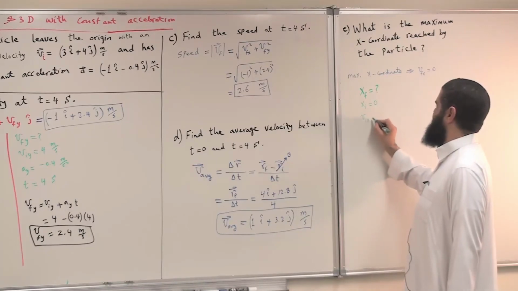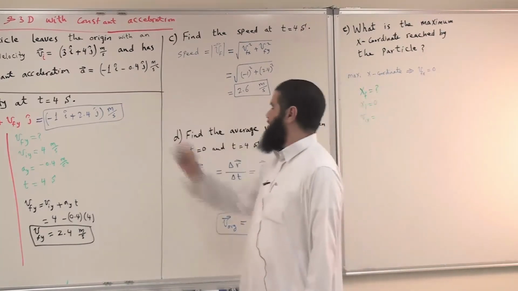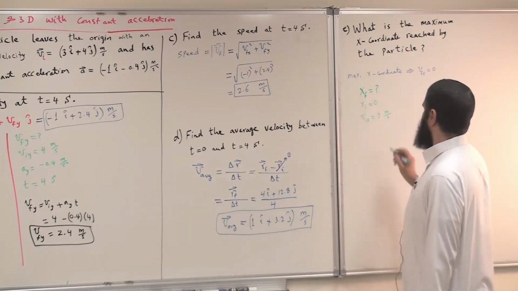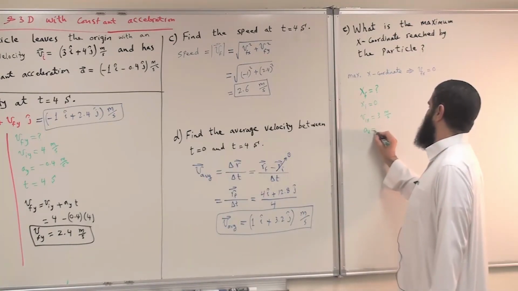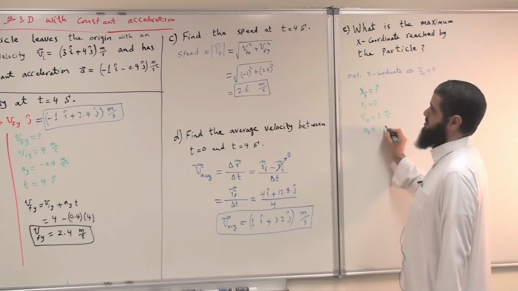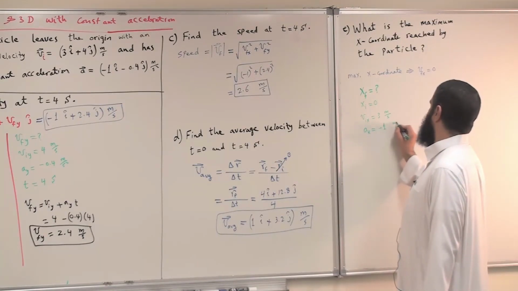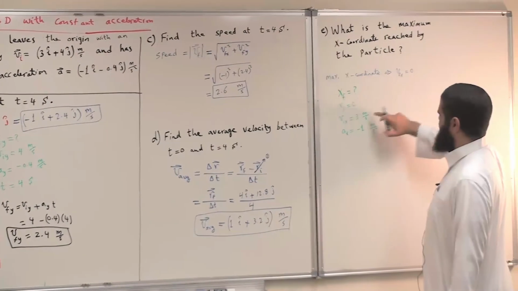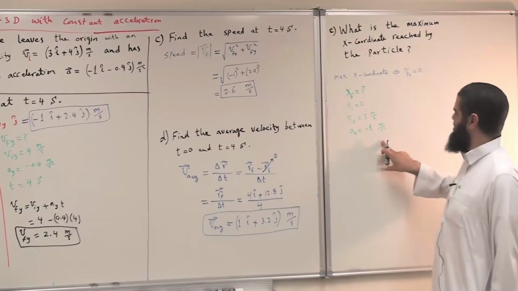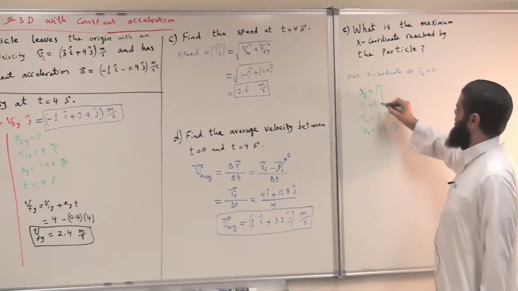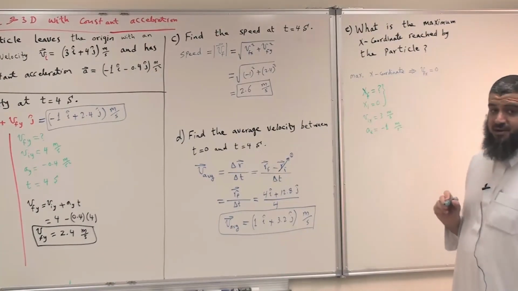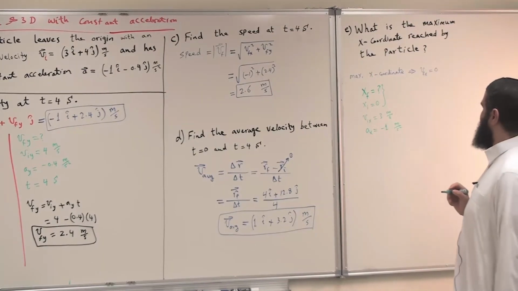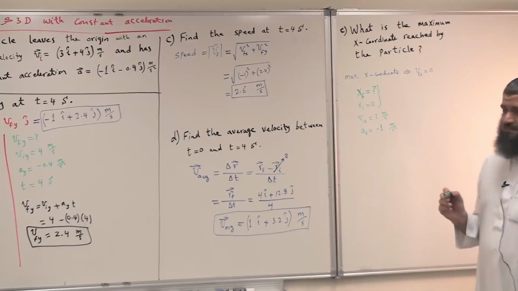V initial x we know is given as 3 meter per second, and we know the x component of the acceleration, which is minus 1 meter per second square. So I have three known physical quantities, and the fourth quantity, which is delta x, is unknown for us. Which equation should I use here? I need the equation which doesn't have time.